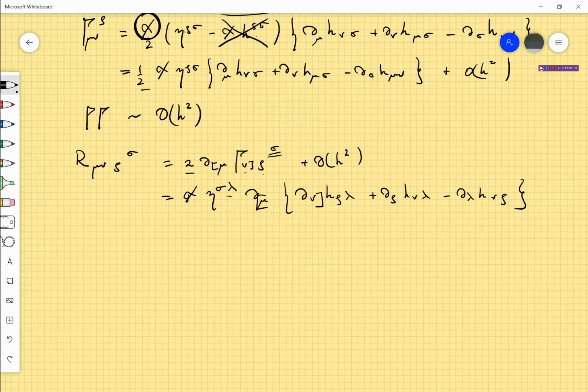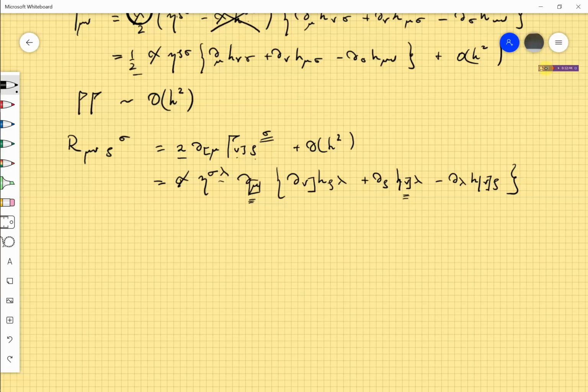But if I antisymmetrize in mu and nu, when I have to do it in more terms, I have to do it like this. Okay, and it is understood that this side of the antisymmetrizer matches this side of the antisymmetrizer. But here I have two partial derivatives antisymmetrized, so this term vanishes.